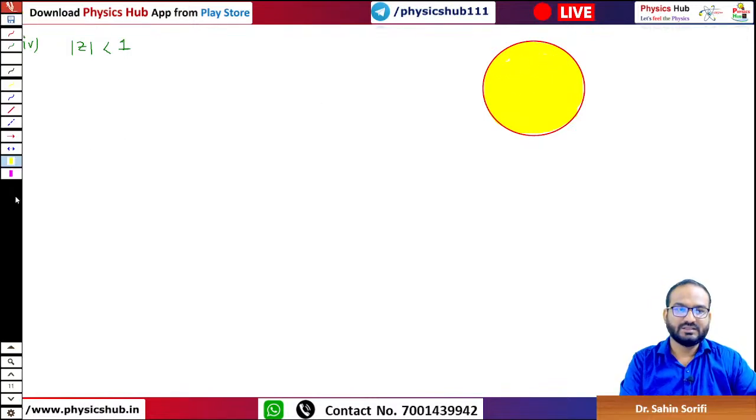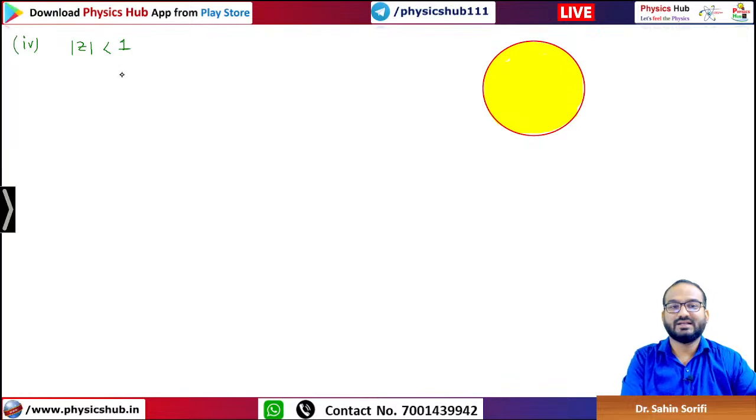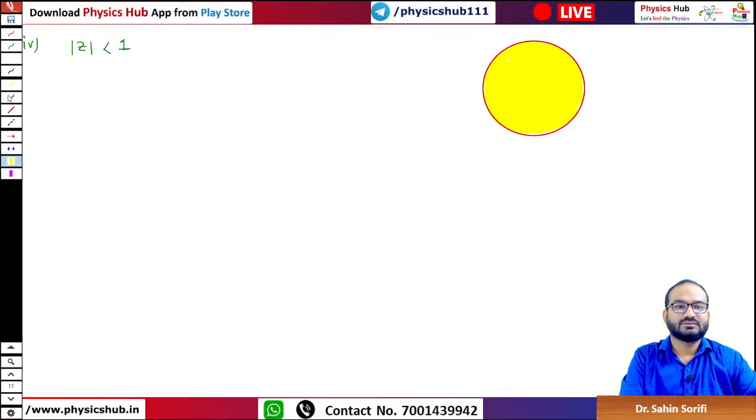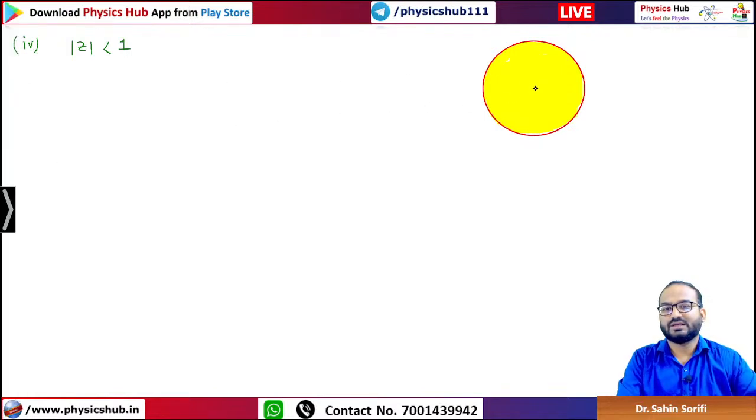Circle at center origin, okay, but mod z equals 1 is the circle. When I am talking about less than 1, what does it represent? Mod z equals 1 is this circle, and mod z less than 1 means this inner region, any point inside the circle.